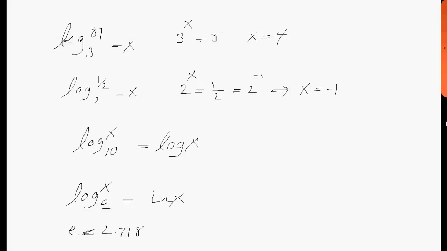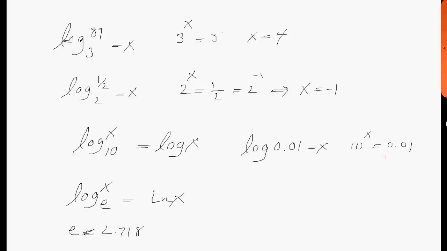For example, log 0.01, I know the base is 10, equals x. I'm going to find what x is. I know the base is 10, so this is the same as 10 to what power equals 0.01.